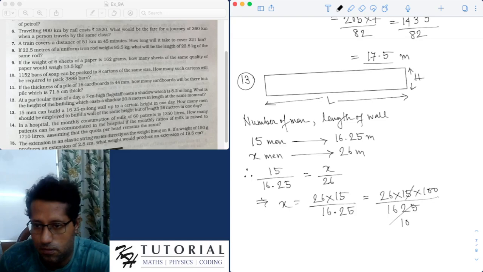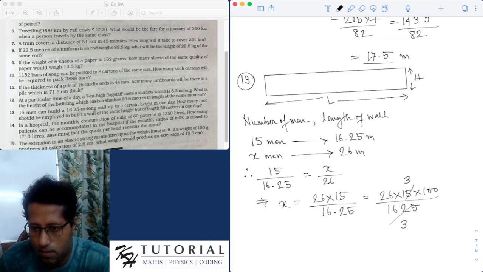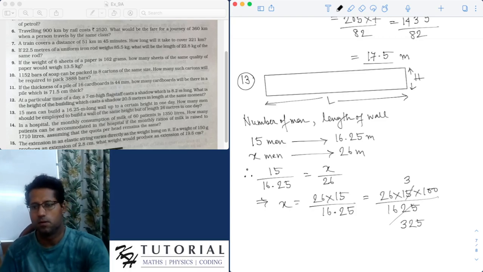Now, let's divide step by step. 5 divides 15 by 3, and 5 divides 1625 by 325. Okay.